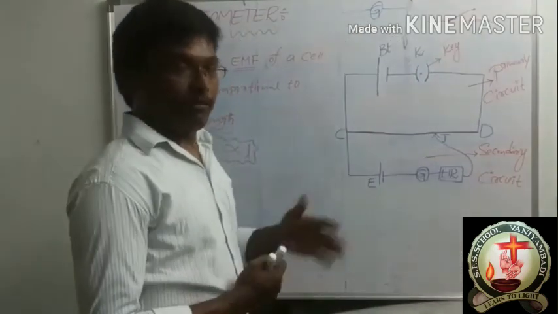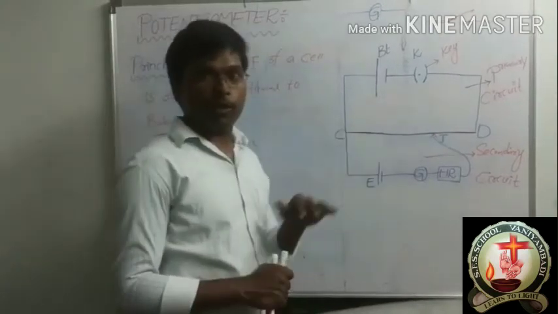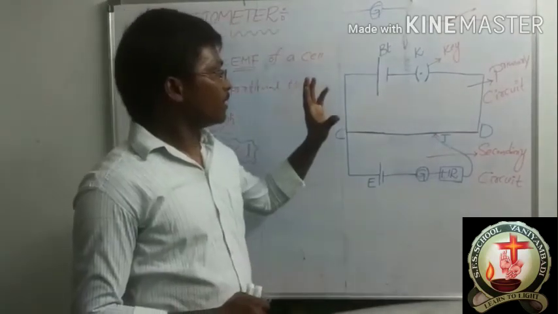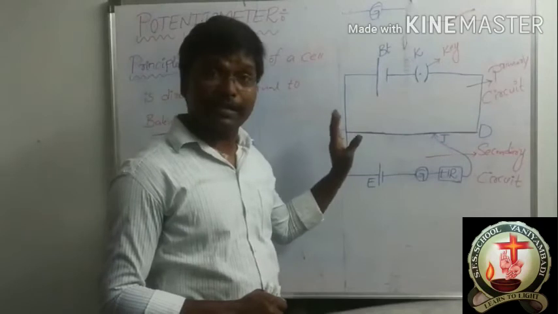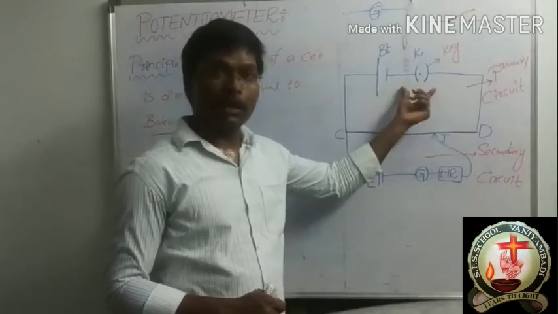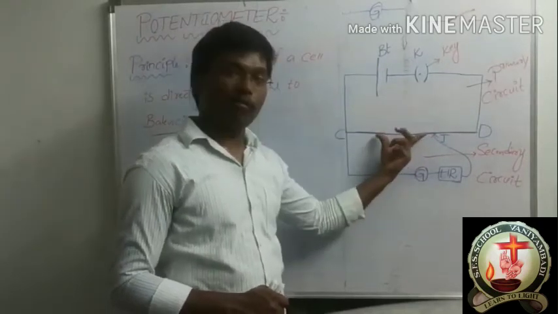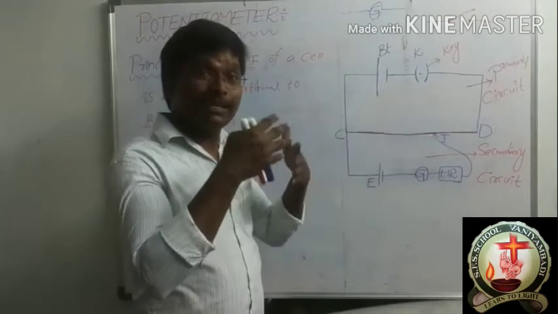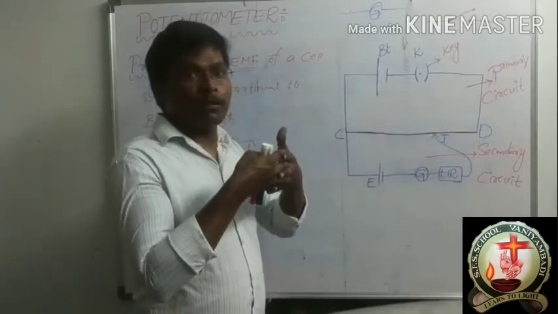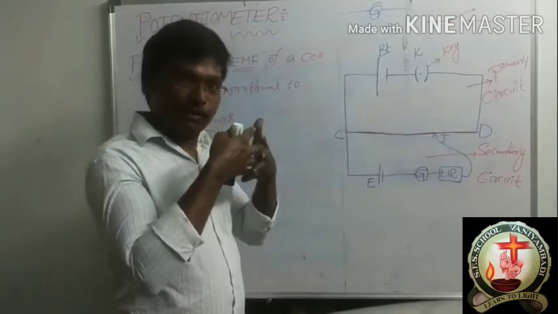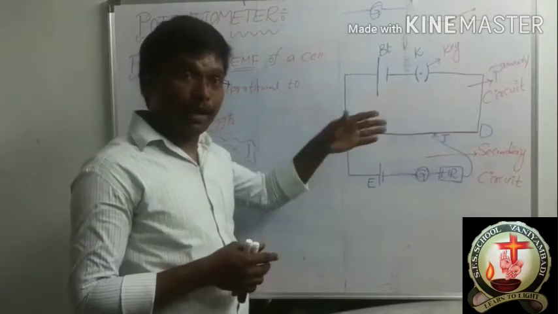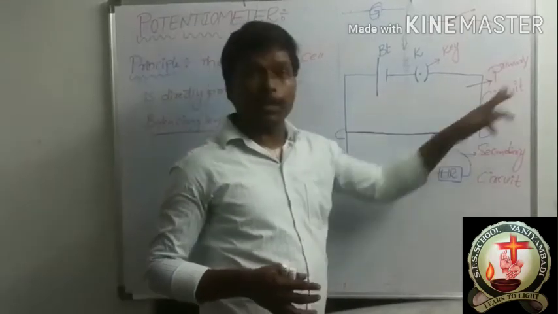Okay, once again I will revise. The construction of this potentiometer is: this potentiometer consists of battery, key and potentiometer wire. These three are connected in a series format. This is what we are calling the primary circuit.